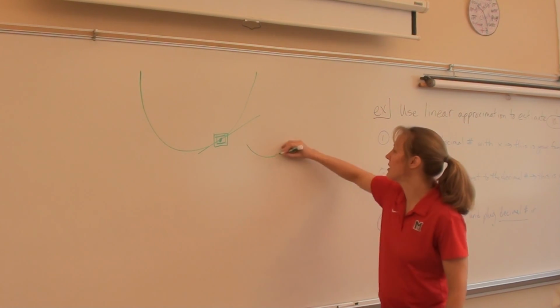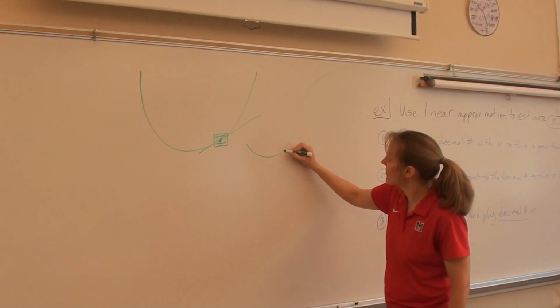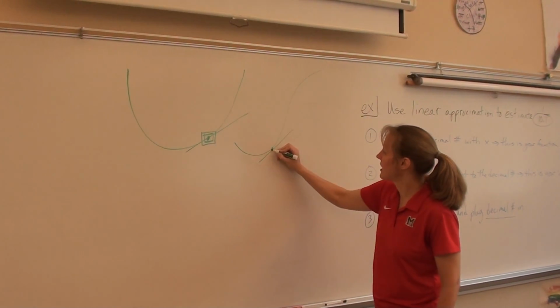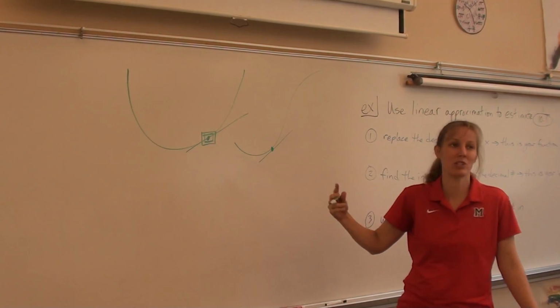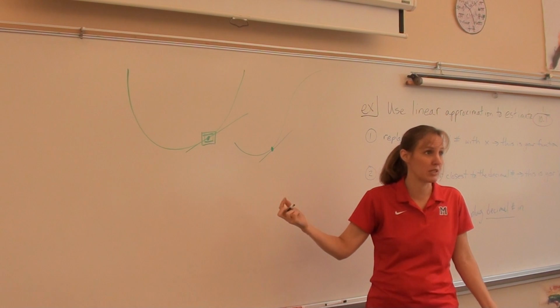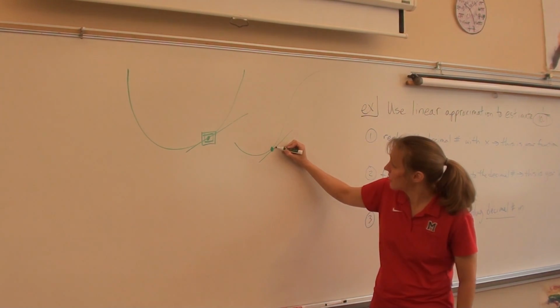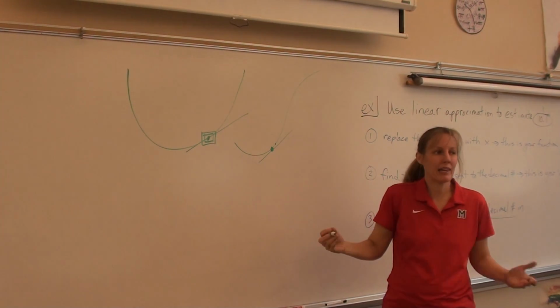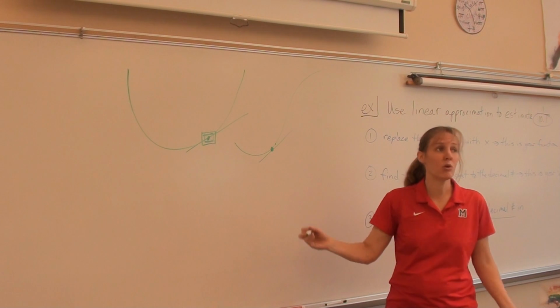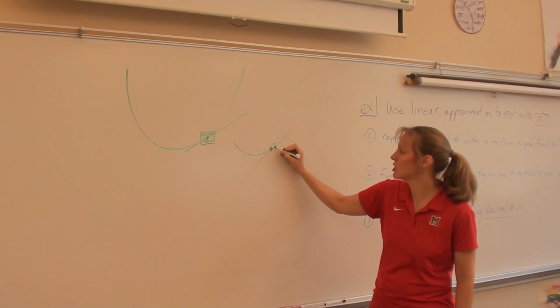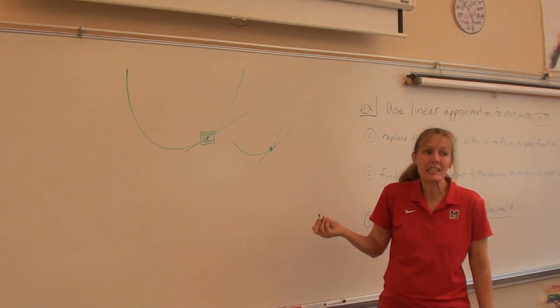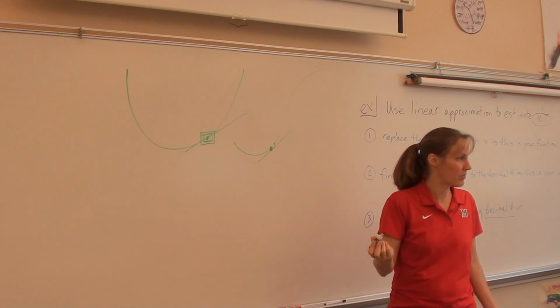Say I've got some function, and I can't use this function for some reason, but I have a line tangent to this function at some point. Say I want to know what the value is on the function here, but I don't have a function to plug into. I can plug into my tangent line and get a fairly decent approximation for a value on the function.